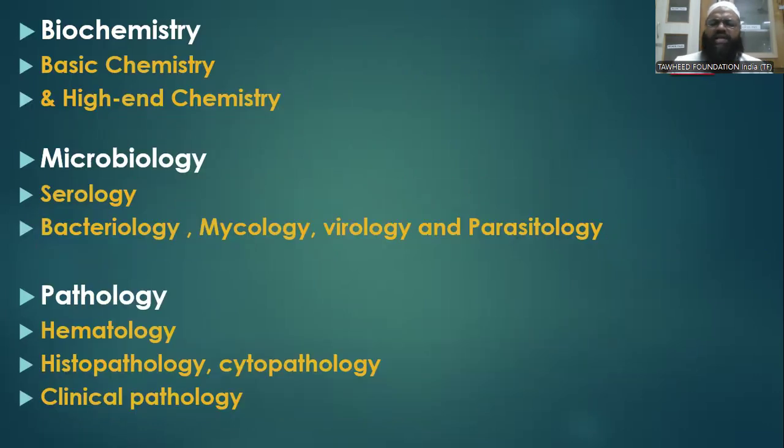In the medical laboratory, one is the sample collection area, which we call phlebotomy, and after that, another department, the accession area or accession section. Once the samples are received, they are distributed to the biochemistry, microbiology, and pathology departments.